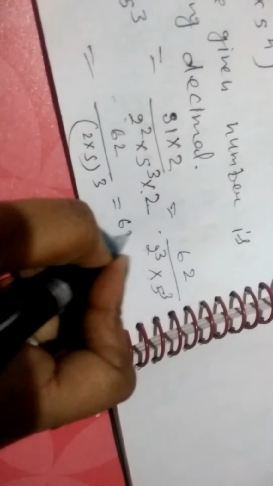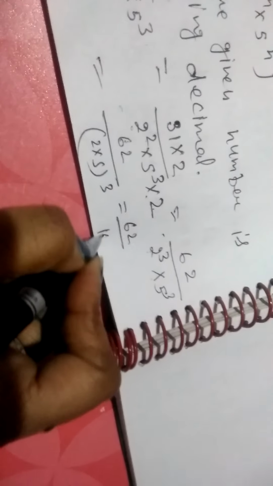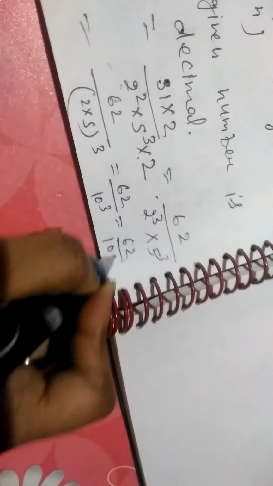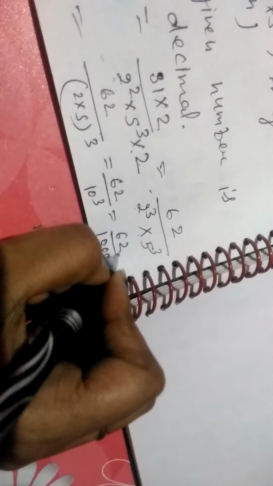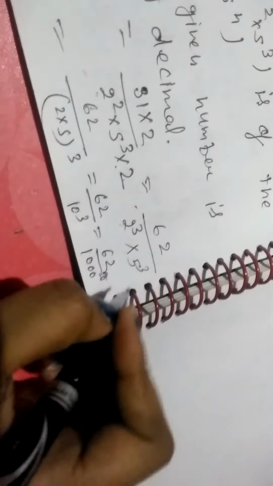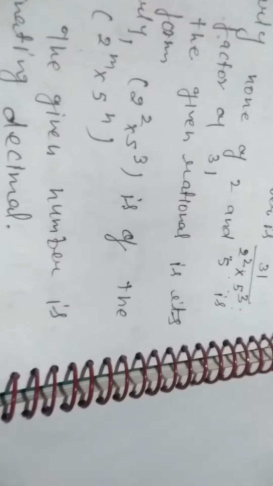So 62 upon 10 to the power 3 is equal to 62 by 1000, which is equal to 0.062. It is clear.